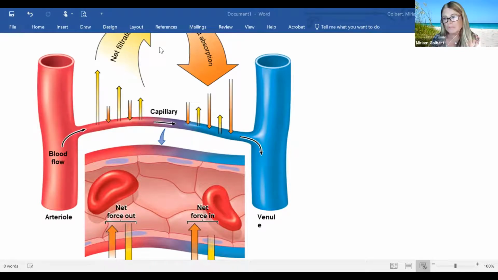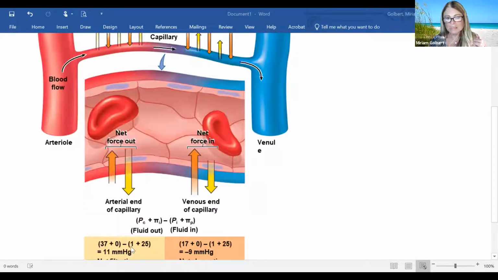They're pushing a lot of fluid out and at the other end, we're not able to reabsorb it all because it's too much. It's over that tiny little number, which should be 1, right? So 1, we can reabsorb, but a hypertensive patient may be pushing a lot and it's very difficult. Not even the lymphatics can take care of that. So that tissue fluid starts to accumulate and it then causes the edema.